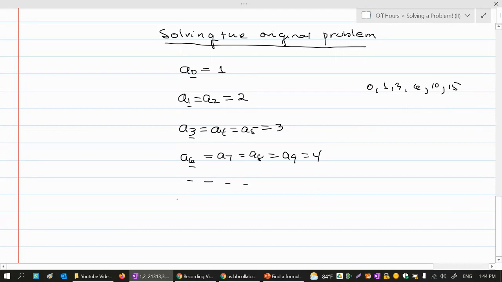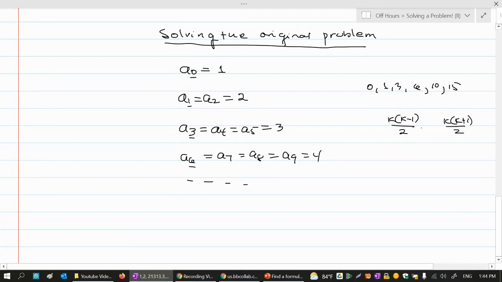Now notice that these numbers can be expressed using the following formula: k times k minus 1 over 2. And notice that the last number is less than k times k plus 1 over 2.